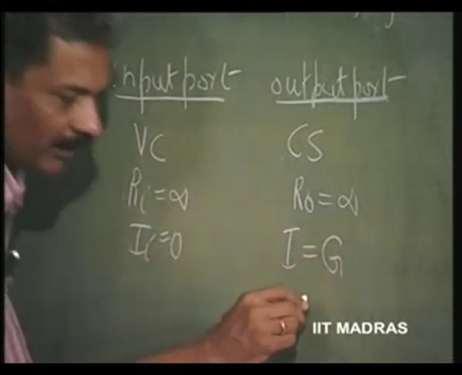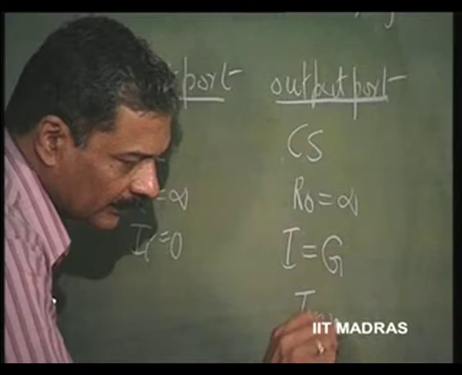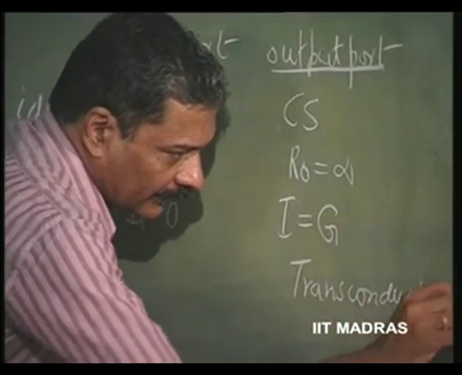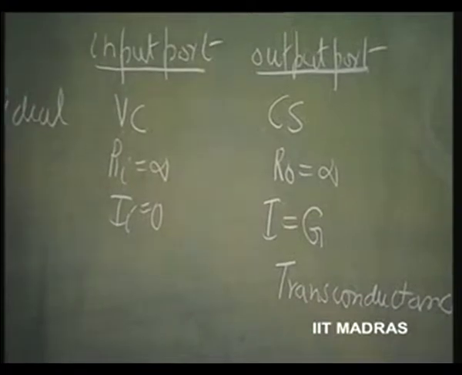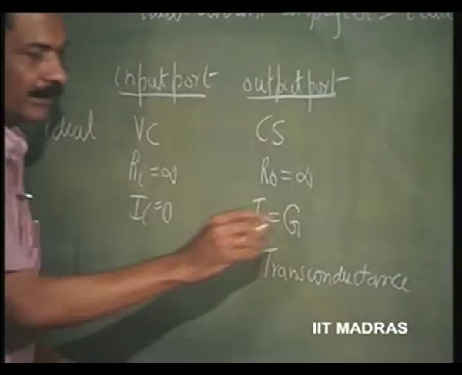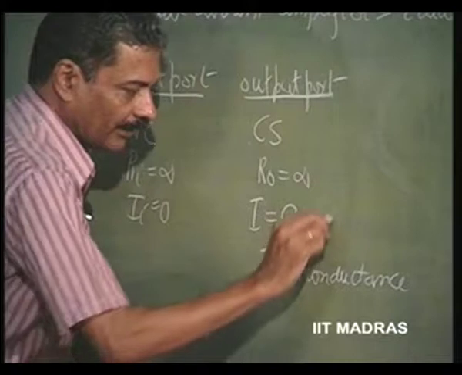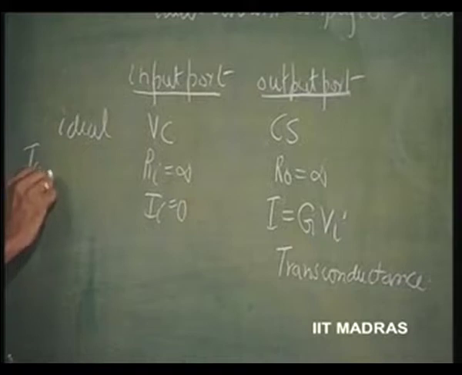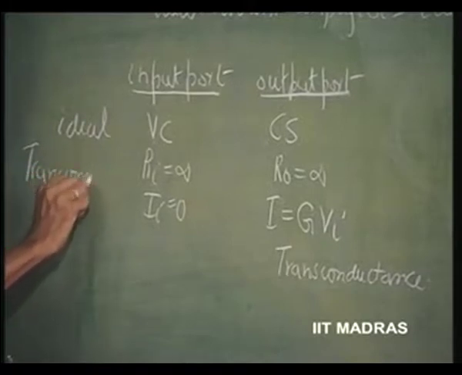That is why this is called transconductance. So, this is G times V I. This is basically called a transconductor.